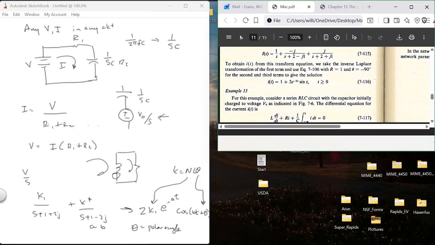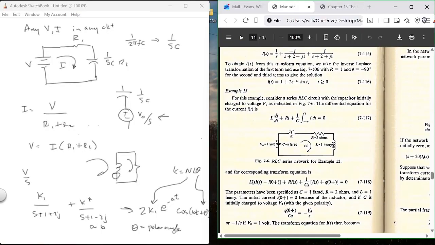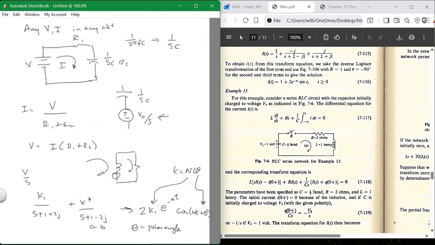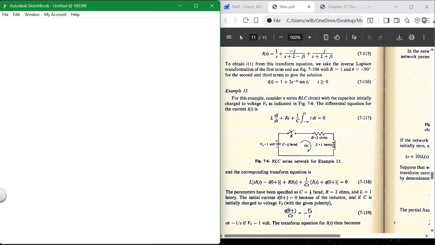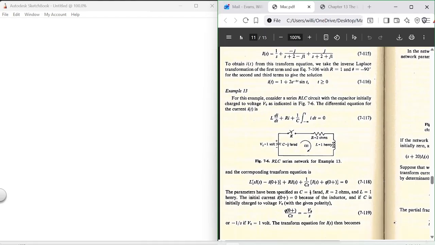How do you do that? So here you have an example where voltage around the closed loop has to equal 0. So you write it as this: L times S times I. This is the inductor.